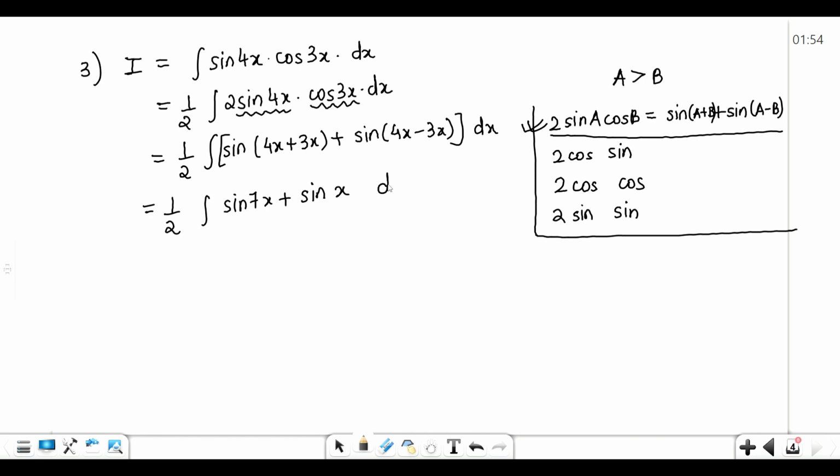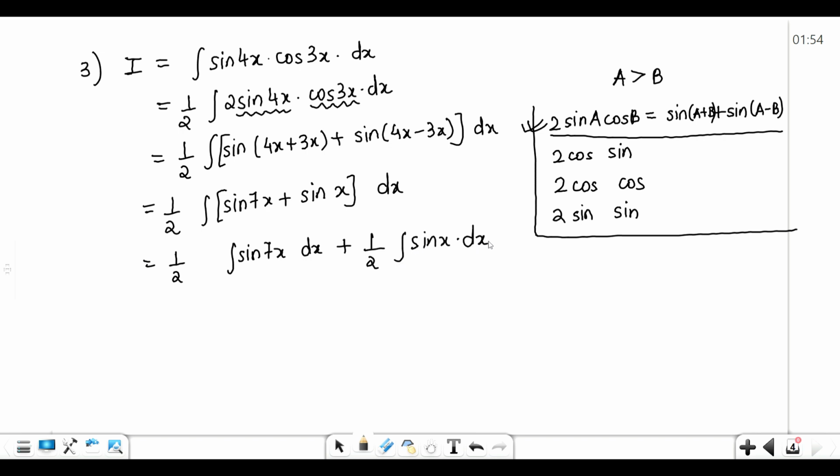Now you can integrate individually: half integration of sin 7x dx, with half multiplied to each term, plus half integration of sin x dx.